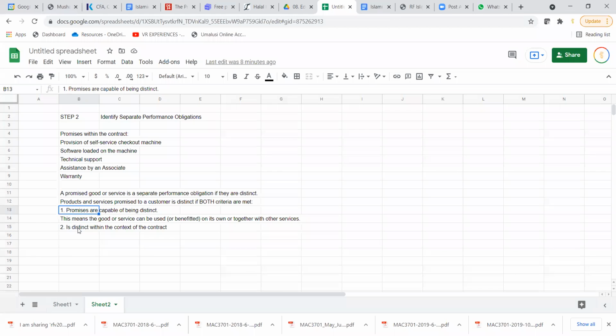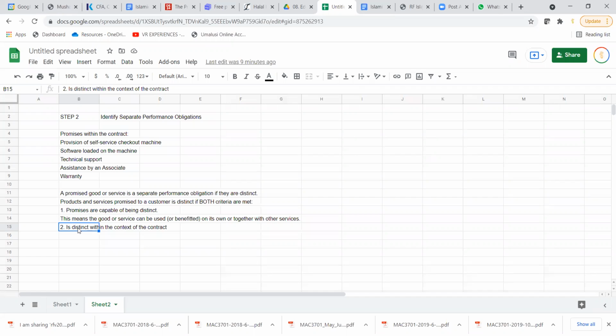So although it meets point number one, the machine is capable of being sold separately, the software is capable of being distinct, and is sold separately, it does not meet point number two. Point number two says the software and the machine are distinct within the context of the contract. Given the context of the contract, because the software plays an integral part of the machine, the machine can't operate without the software.